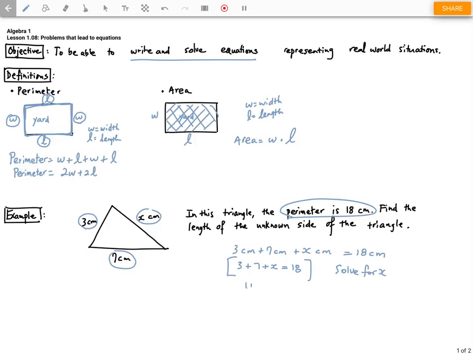So that's 10 plus x equals 18. Transform both sides of the equation. That cancels out. X equals 18 minus 10. X equals 8.